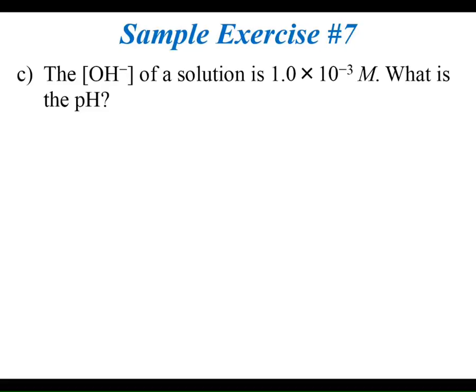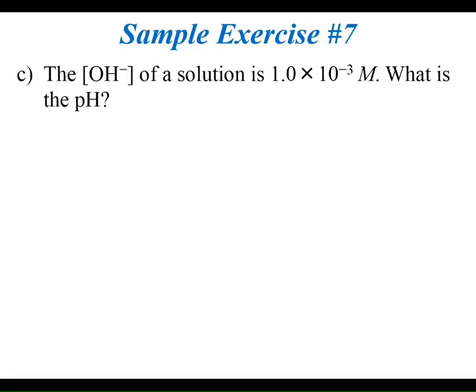Okay, well, let's try this one. What I told you the hydroxide concentration was 1 times 10 to the negative 3, and I want to know the pH. So what would you have to do here? How could you find the pH if I give you the hydroxide? Subtract 14. Yeah, that's one possible way.